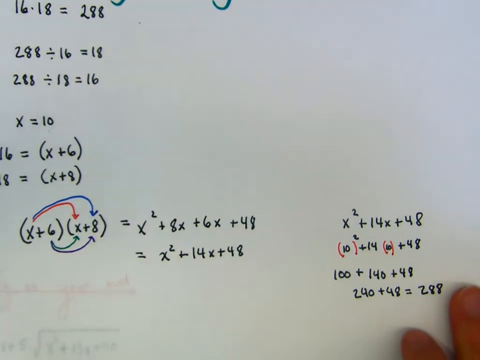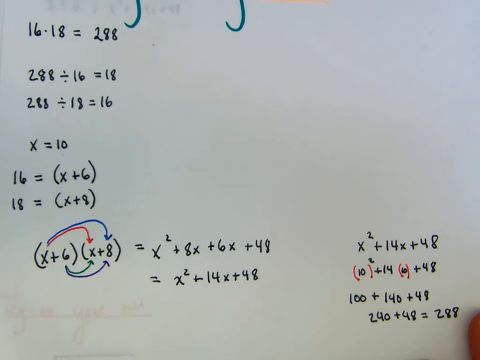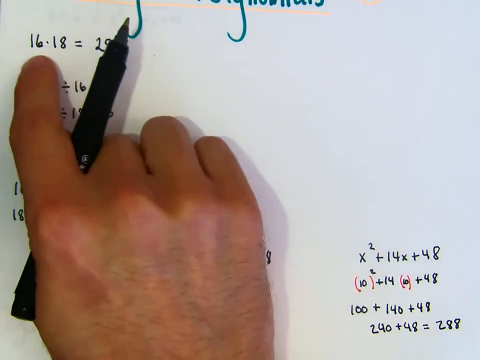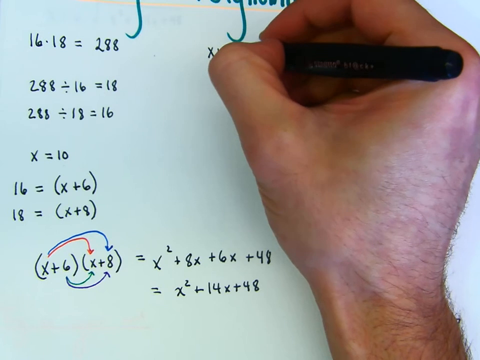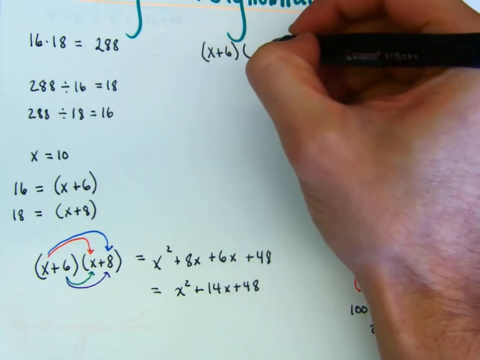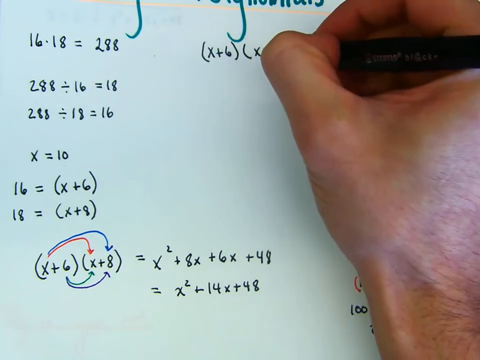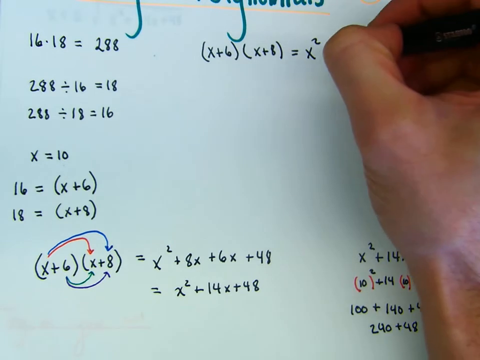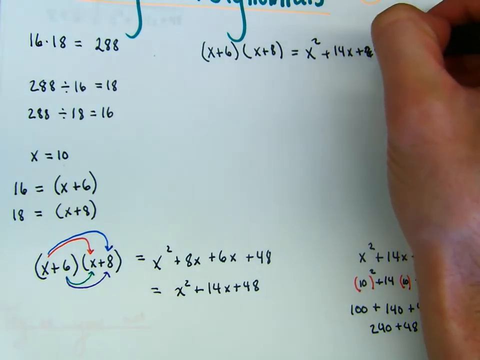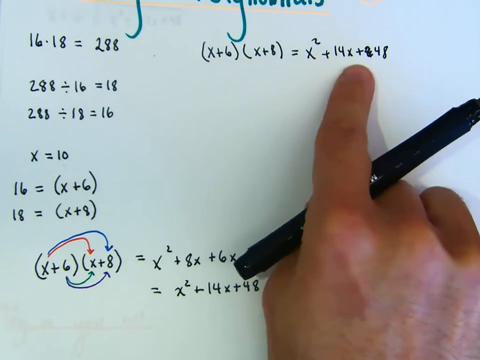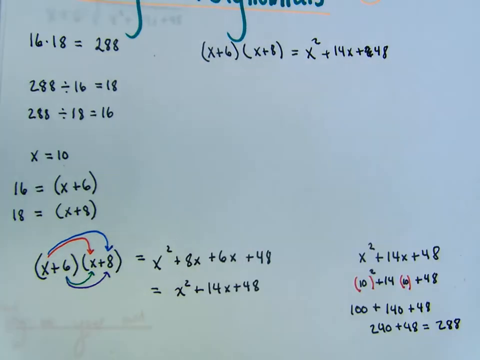So what are some sentences or ideas that we could have that are true? We said 16 times 18 is 288. So we showed that x plus 6 times x plus 8 is x squared plus 14x plus 48. When we multiply these two values, that's the polynomial expression we got.